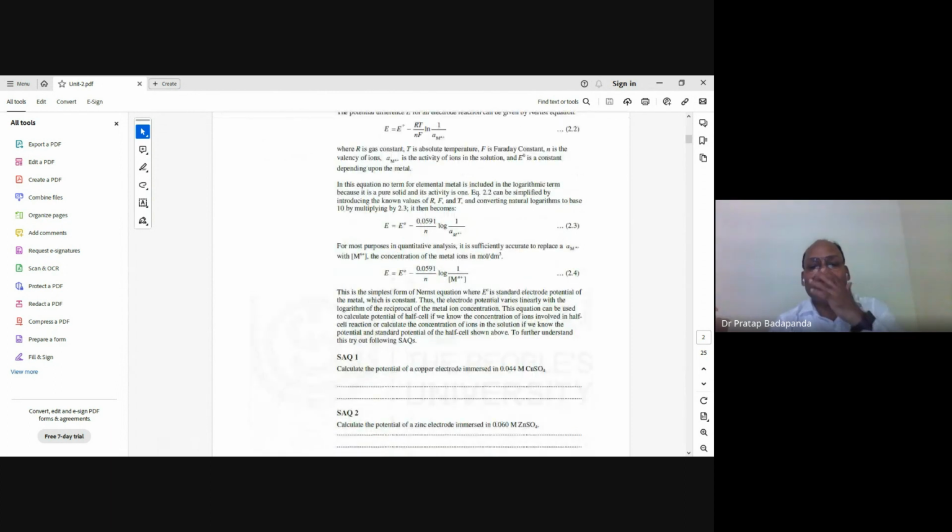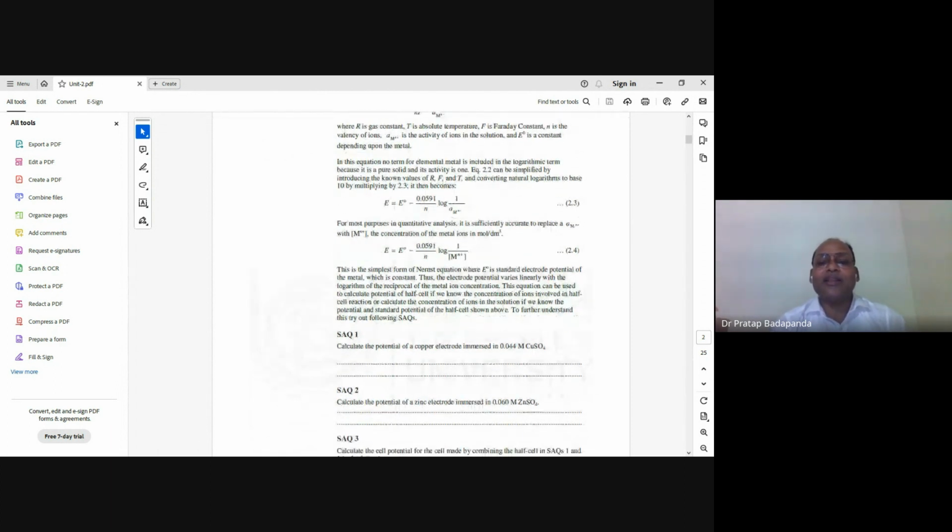In this case, it will come down to calculate the potential of a copper electrode immersed in 0.44 M Cu2 plus, CuSO4. The molarity is the concentration given. Okay, let me use my whiteboard. Just a second, I'll explain this question.